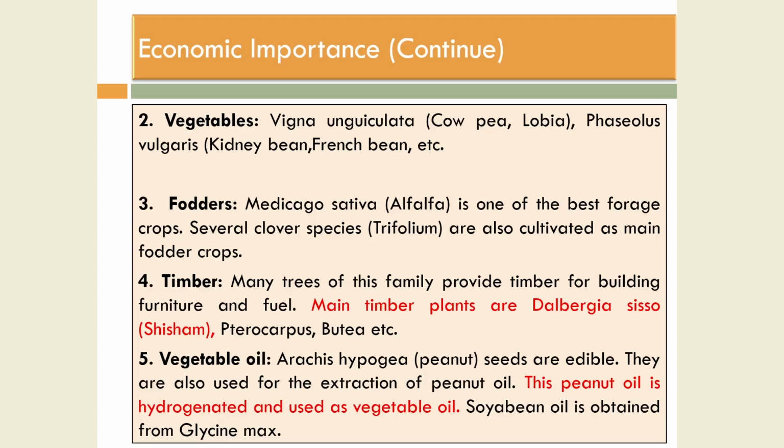This peanut oil is hydrogenated and used as a vegetable oil. Then soybean oil is also obtained from Glycine max. So you can see this family has a very high economic value, from food to timber yielding plants and oil yielding components.